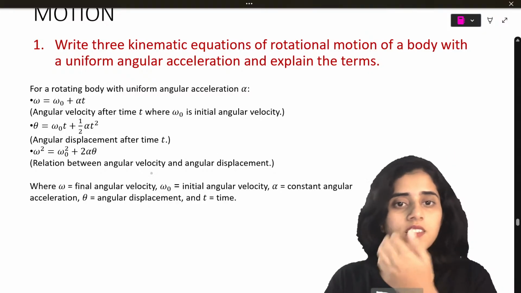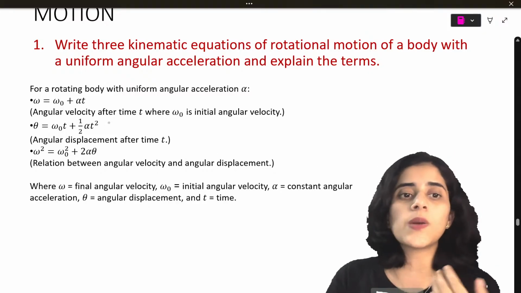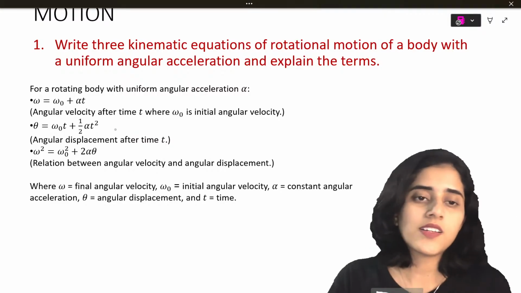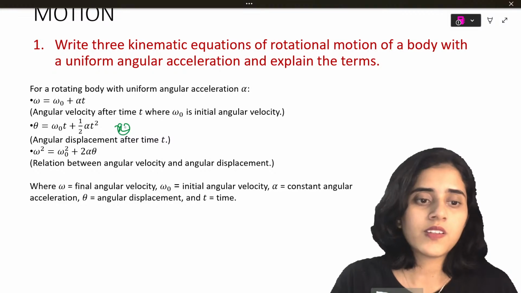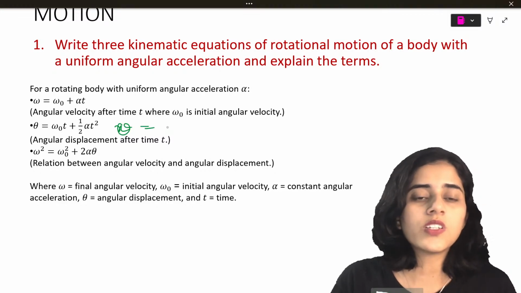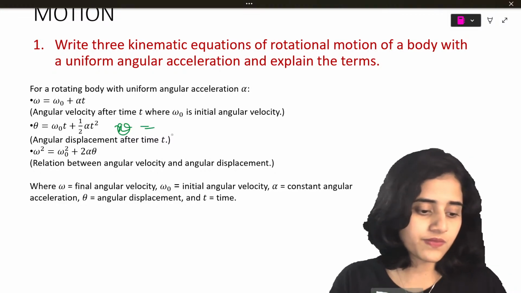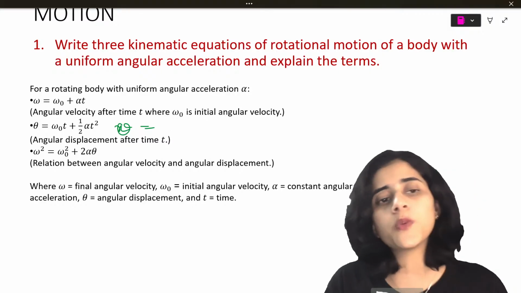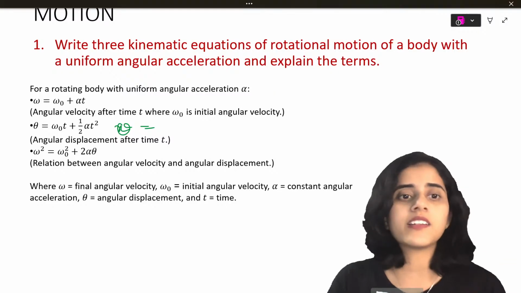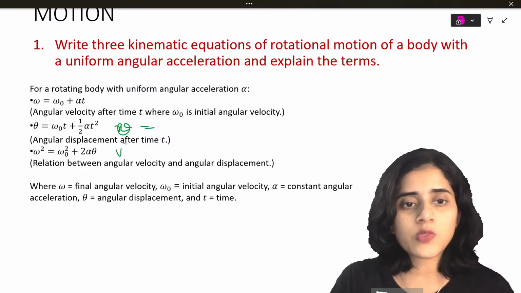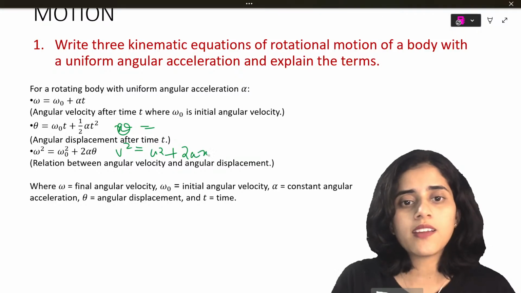Next is x is equal to ut plus half at square. So instead of x, I will write theta. Theta is equal to, instead of ut, I will write omega naught t plus half, instead of a, I'll write alpha, t square. Next is what? V square is equal to u square plus 2ax.